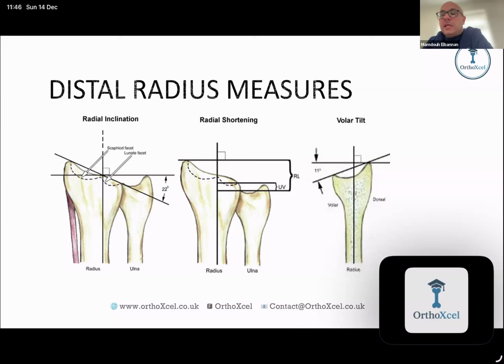So you can easily say why it's not acceptable. For example, if you lose the volar tilt, then the patient will lose flexion of the wrist. If you lose the radial shortening or the radial inclination, then there will be a radial drift and deformity of the wrist, and sometimes you will lose the power, the grip of your hand.